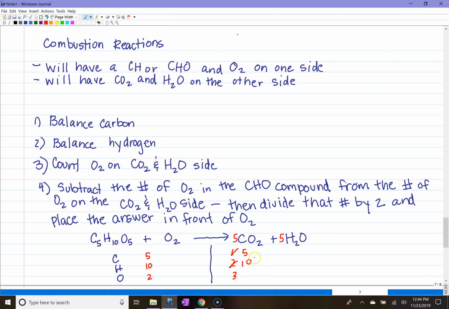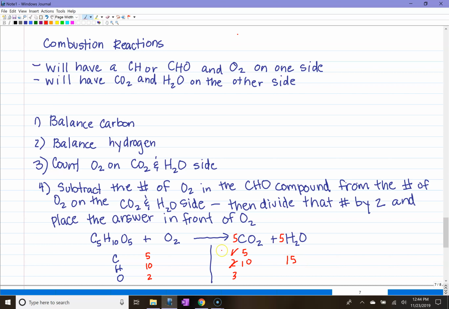Now that my carbon and hydrogen are balanced, I can count the number of oxygens on the CO2 and H2O side. So I would have 5 times 2, which is 10, plus 5 times 1, which is 5, or a total of 15 oxygens.